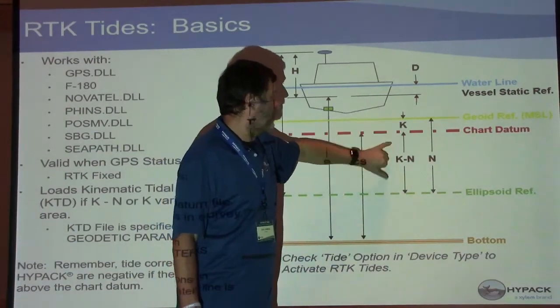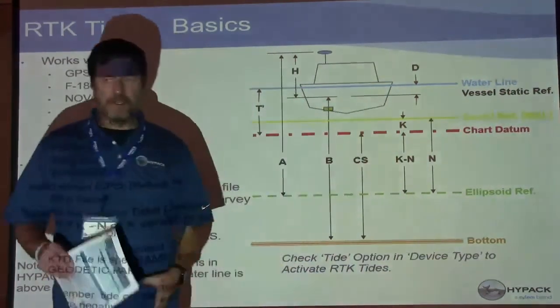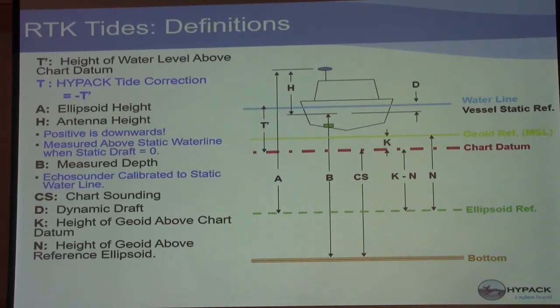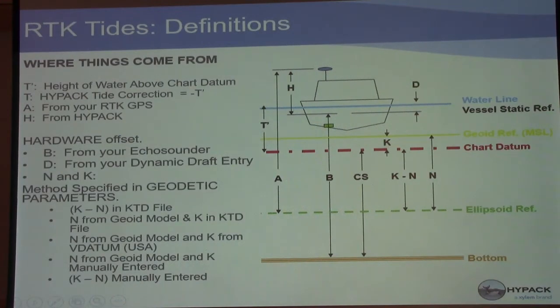You have your K value, your K minus N, your N value, and so on. That's basically what I said over there. Basically the same stuff. That little T is the HYPACK height correction. It's the inverted value from the height.